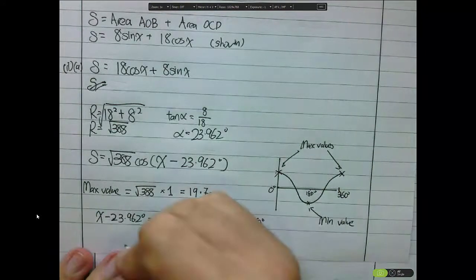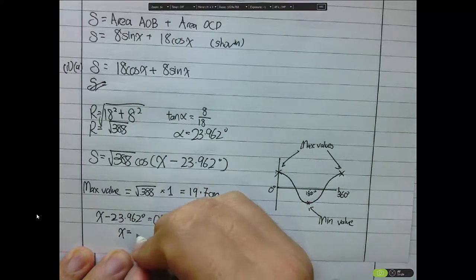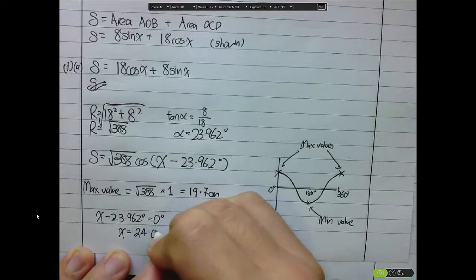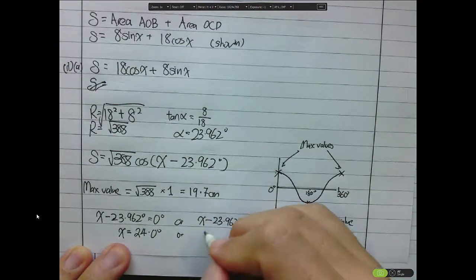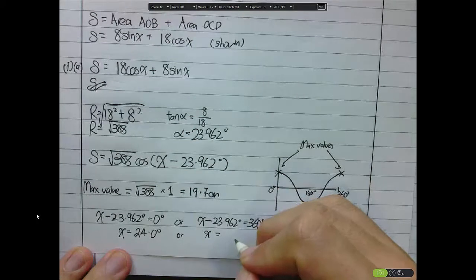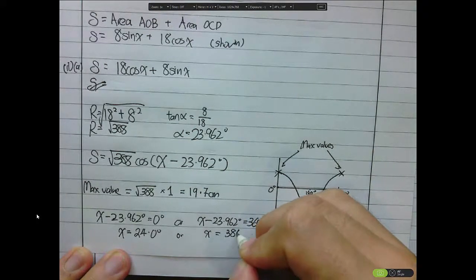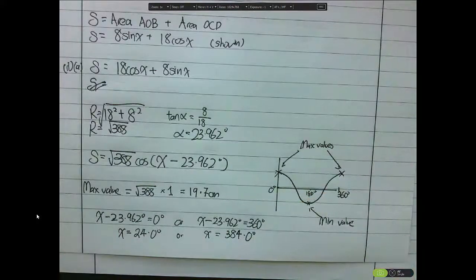So now I find my x value is equal to 24.0 degrees to 1 dp, or x is equal to 384.0 degrees. But you notice that in the diagram the value of x is actually an acute angle.